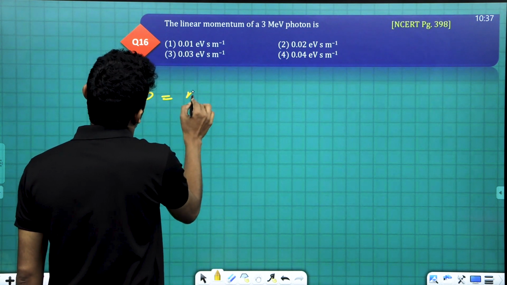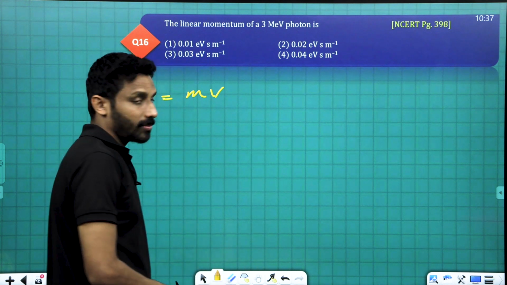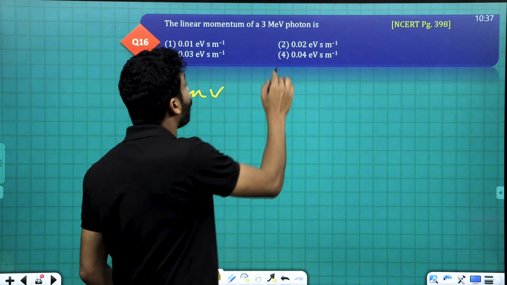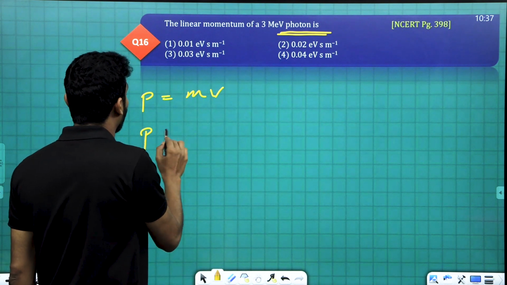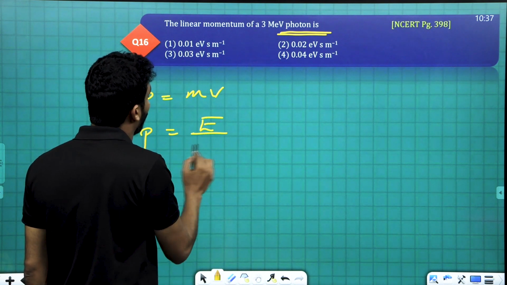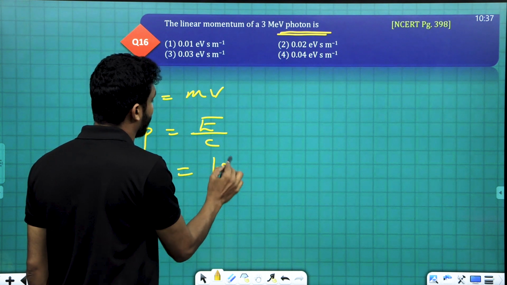Linear momentum, you know, P is equal to mass into velocity. But here that of a photon is asked. The linear momentum of a photon is E divided by c, that is h nu by c.